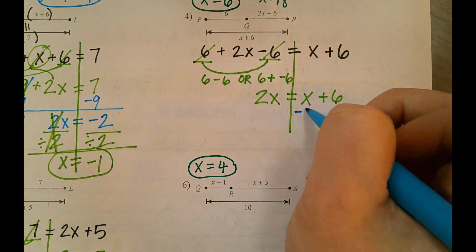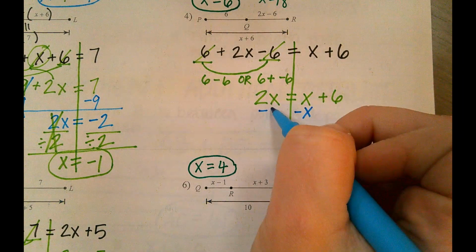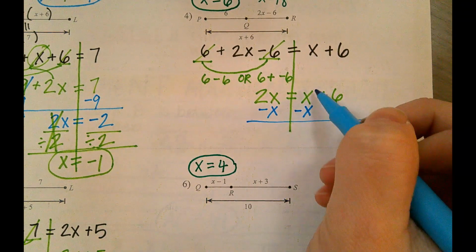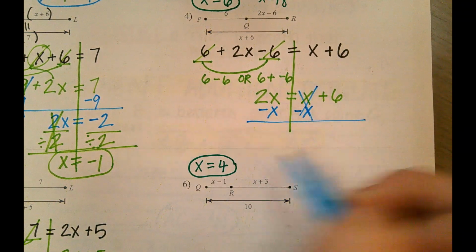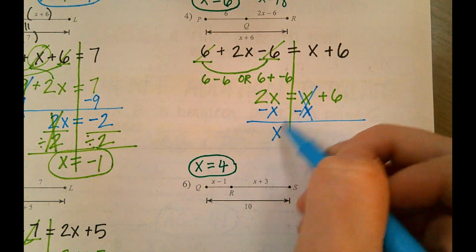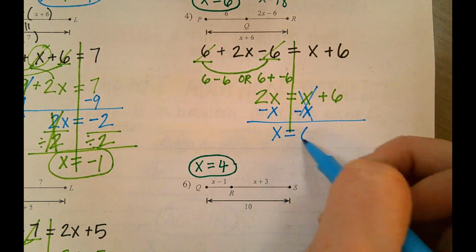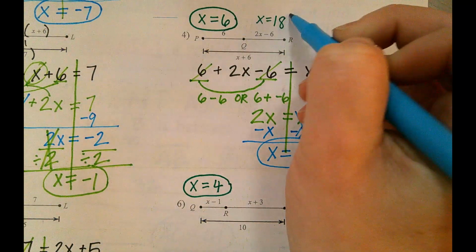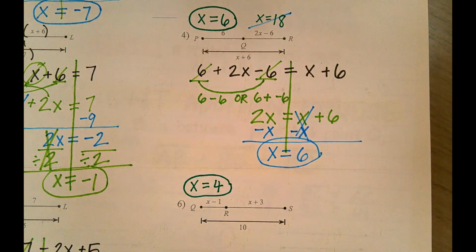Yes, subtract my x from both sides. What happens? X equals 6. Yeah, these cancel. 2x minus x is just x. And that equals 6. There we go. Awesome.